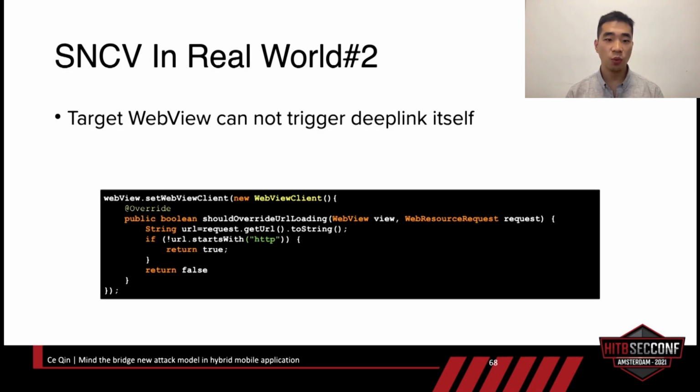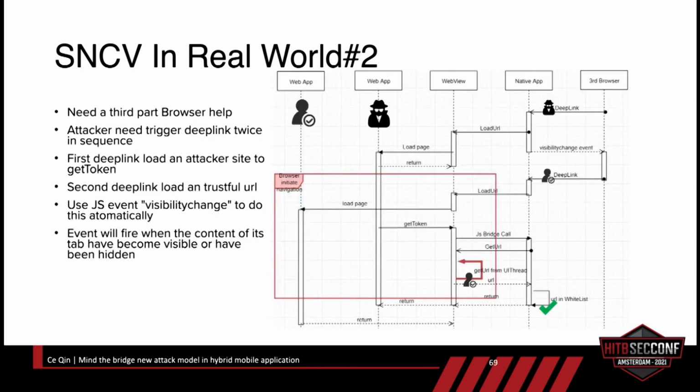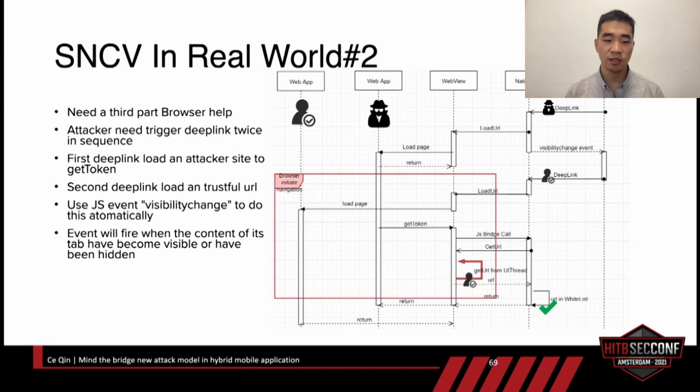If the target WebView cannot trigger a deep link, we need a third-party browser's help. The attacker needs to trigger a deep link twice in sequence. First, the deep link loads an attacker site to get the token, and the second deep link loads a trustful URL to bypass verification.